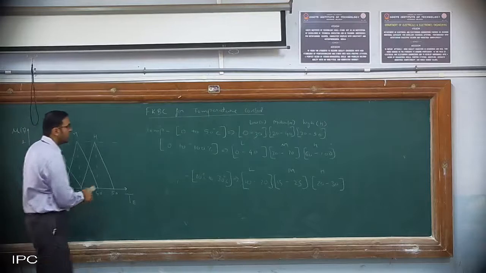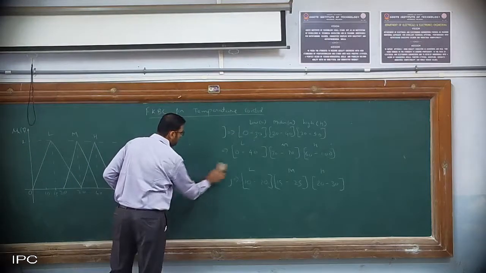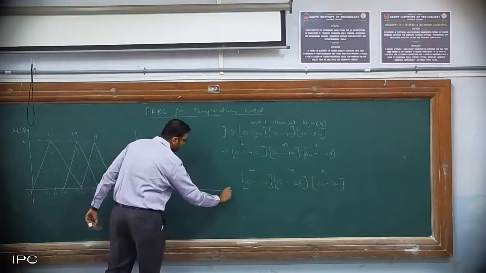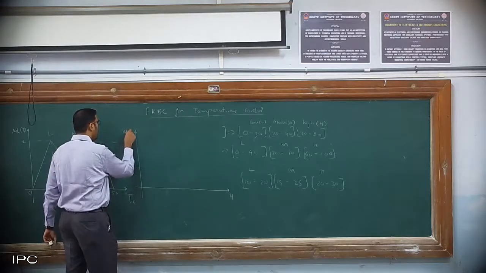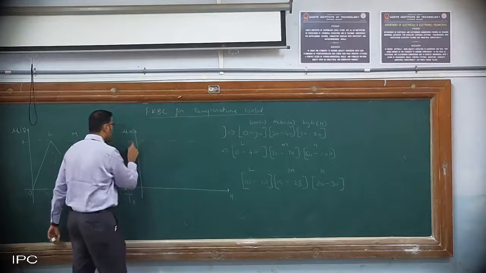Next is nothing but our humidity. Okay. H. This is mu of H. Again the same thing. This is one membership.